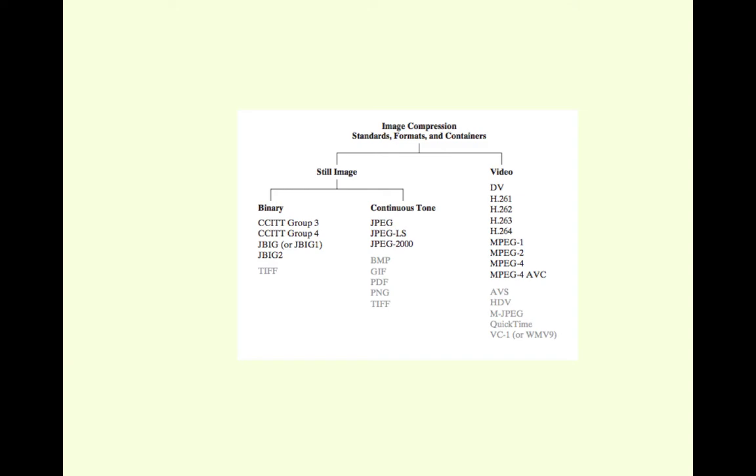For video, there are DV, H.261, H.262, H.263, H.264, MPEG-1, 2, 4, MPEG-4 AVC, AVS, HDV, MJPEG, QuickTime, VC-1 or WMV9.